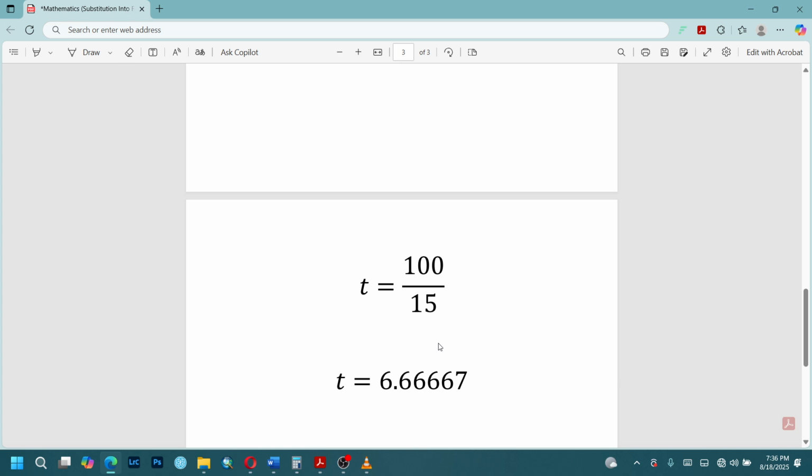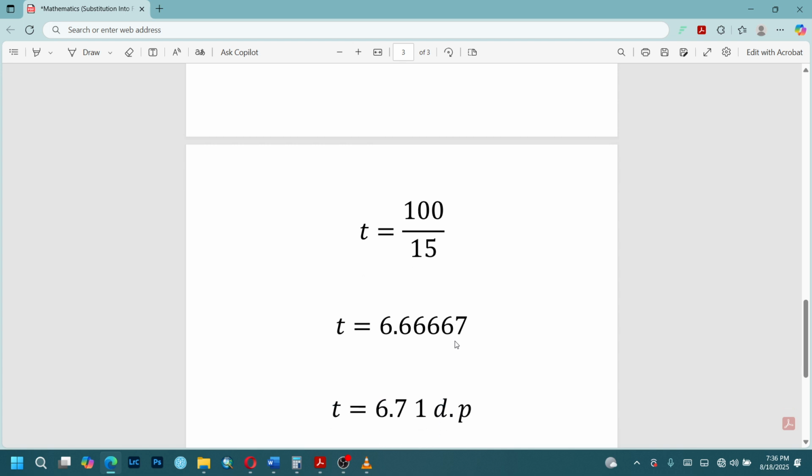So therefore, our t, which is 100 out of 15, would give us 6.66667, okay? And based on the preamble of our question, we are to leave our answer in one decimal place, right?